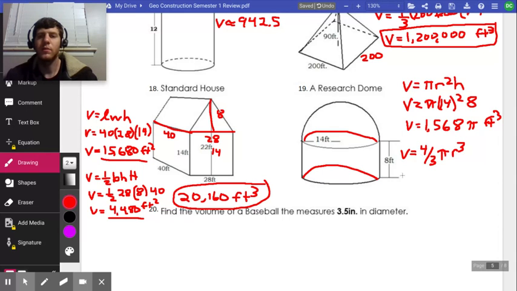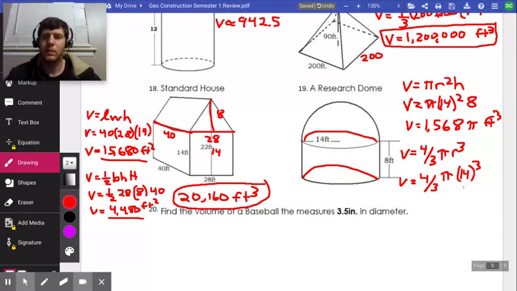Again, we know the radius is 14, so that's 4/3 pi, 14 cubed. So that's going to be 14 times 14 times 14, times 4 divided by 3.